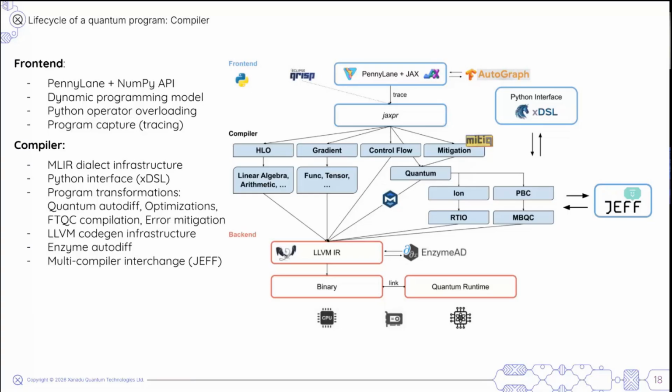We have gradient dialects to handle backpropagation and autodiff, how we handle control flow, how we handle linear algebra. All of this is expressible with the language that is provided to us with MLIR. So we can tie in here, we can extend the framework to suit really whatever we want. We also have the ability to inject and work with other compiler ecosystems in this way. And I will mention Jeff on the side here as a way in here.